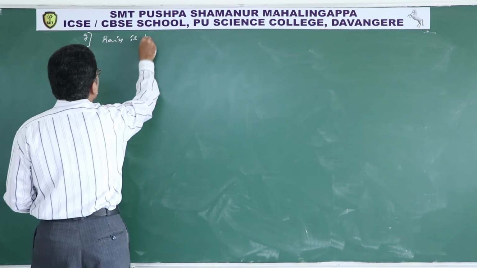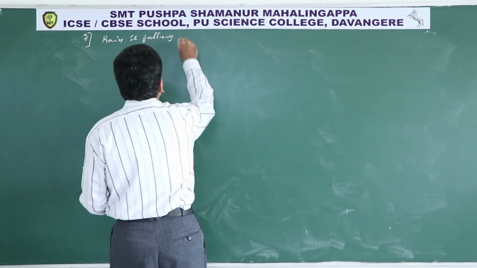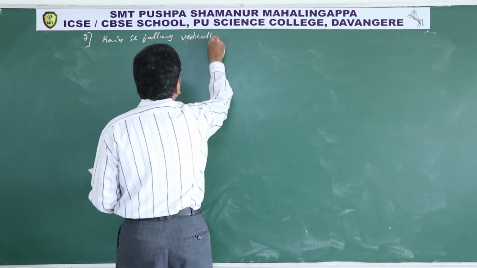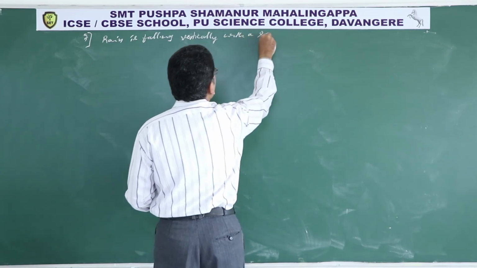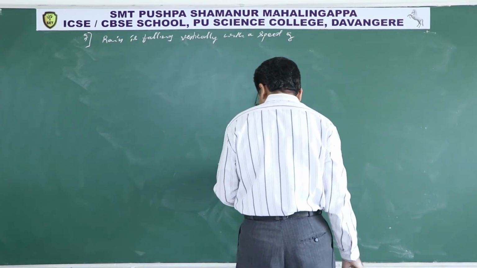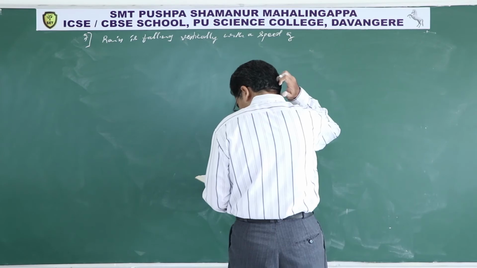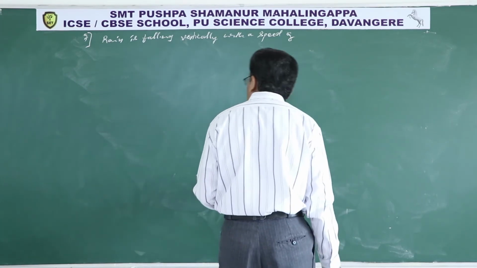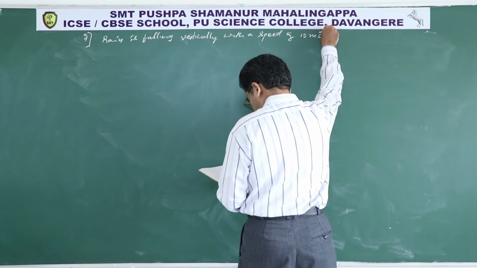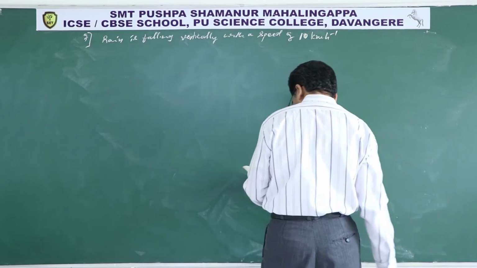Rain is falling vertically with a speed of 10 kilometers per hour.